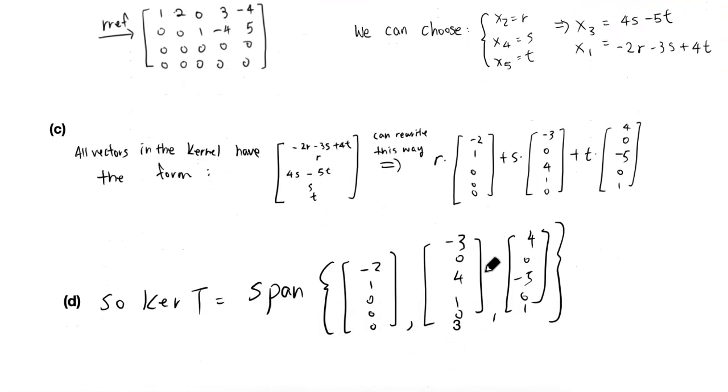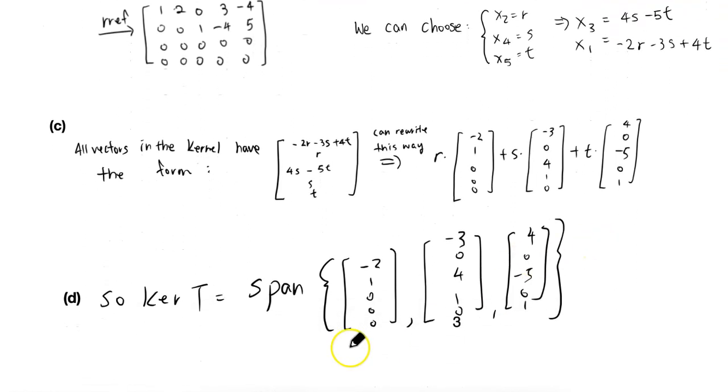They can help us make a very clear statement about what the kernel is. The kernel is the span of those three vectors. Don't be confused by that 3, it's the page number. So that is how you find the kernel. And that step to reach here is the clever step.